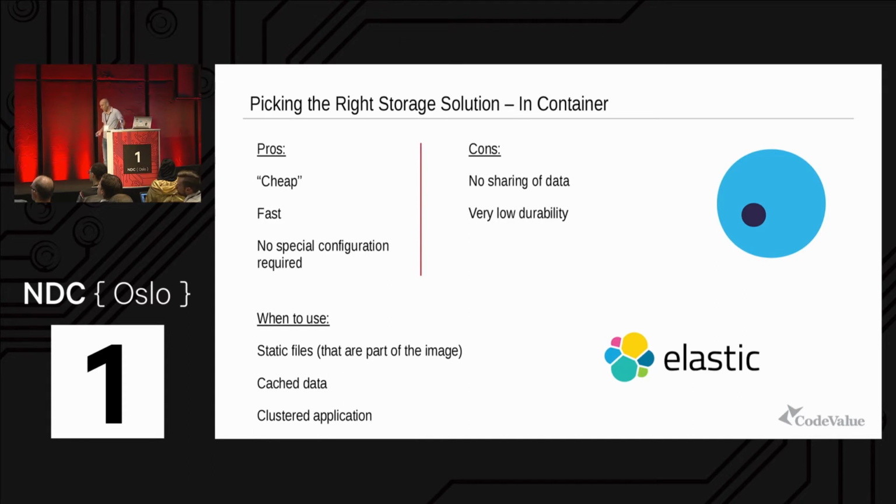A great example of using container-based storage is Elasticsearch. If you're not familiar with it, Elasticsearch is a database of sorts or a storage mechanism that is especially designed and optimized to deal with textual data.